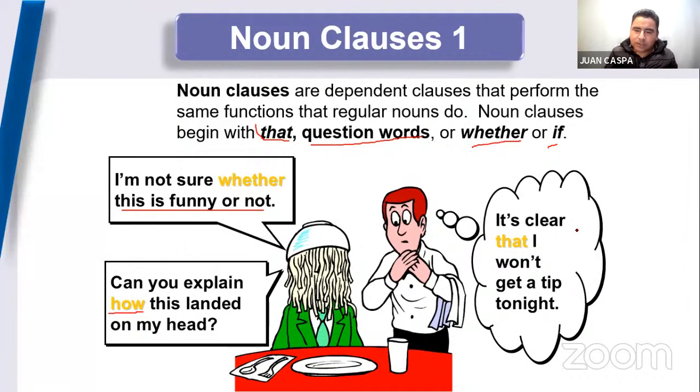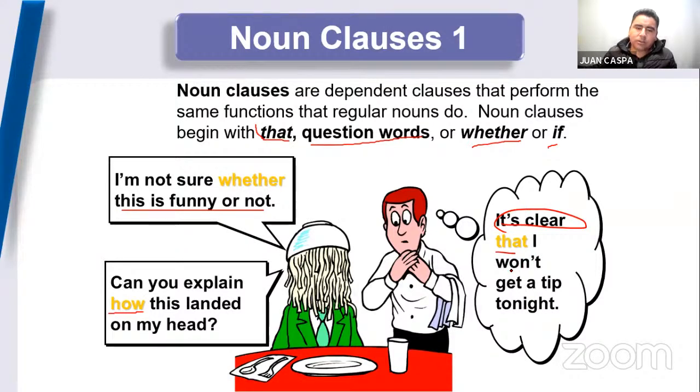So this is also a noun clause, right? It's a dependent clause. The clause starts with that, and it depends on this idea: it's clear, but here we have I won't get a tip tonight, right?